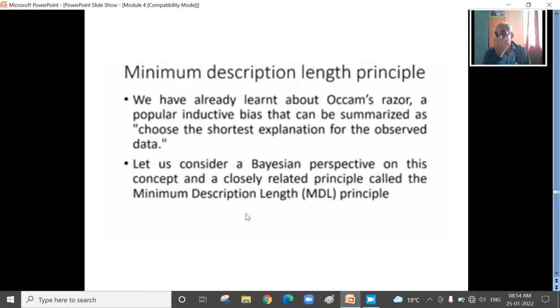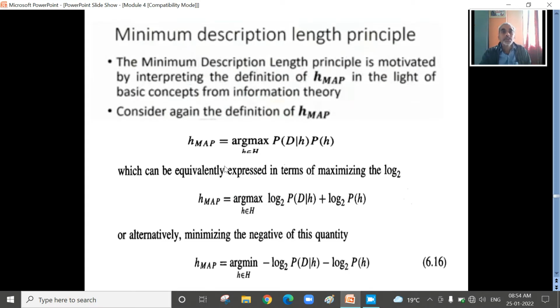As the name says, whichever hypothesis has the minimum description, we try to select that hypothesis first. So now let us consider the minimum description length principle.